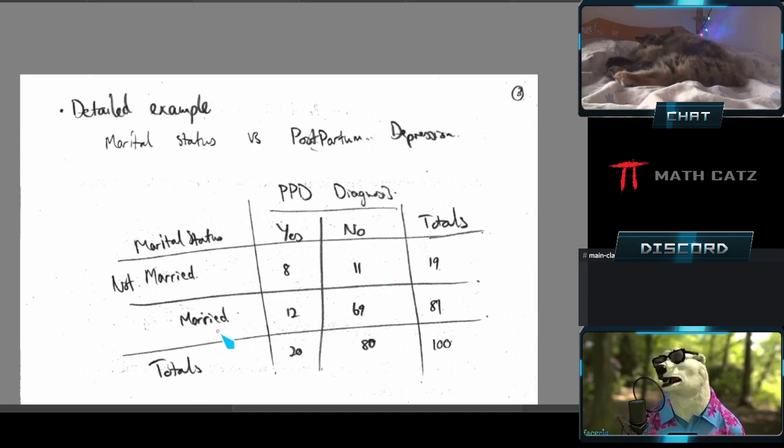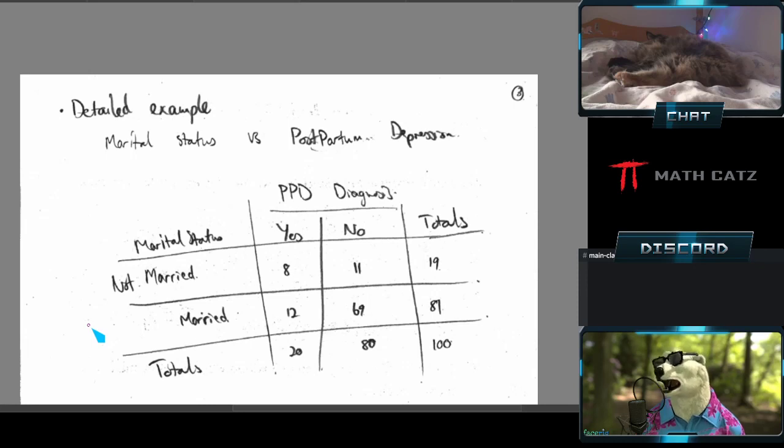Under the married group, some were still diagnosed with postpartum depression, and some were not, right? Because things are not that simple. You could be married or not married and still have this outcome. We're trying to investigate, based on this data, does being not married or married increase your chances of potentially suffering postpartum depression?